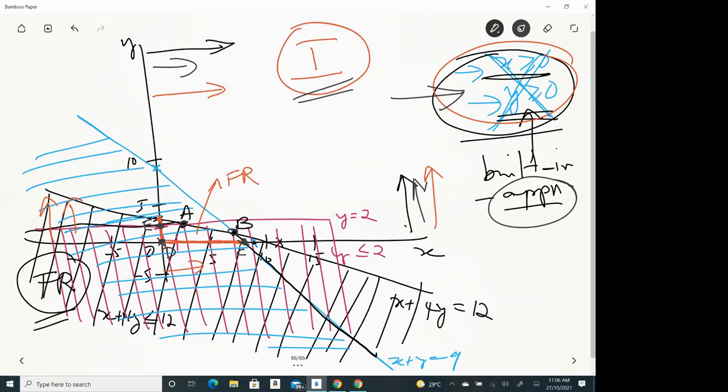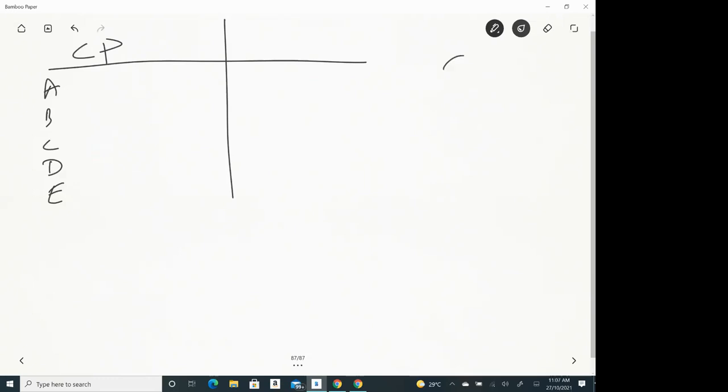If the feasible region is there, otherwise it's not. All right. So now I put in those constraints. We have the corner points, so I got that feasible region. The corner points will be A, B, C, D, E. So what I want you to do, complete this at home.